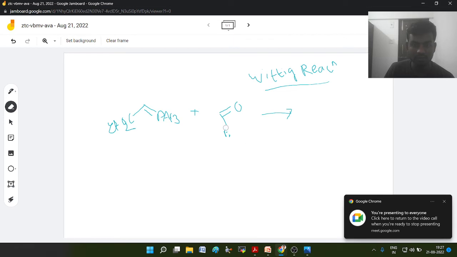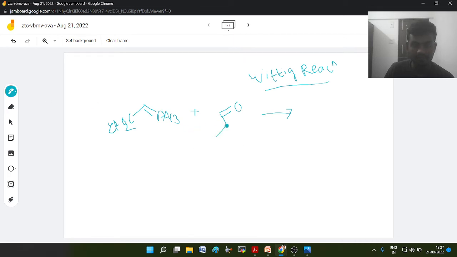So let me draw this benzene ring properly. What will happen? Basically, this double bond can also be written like P plus and this negative. Okay, so what will happen?